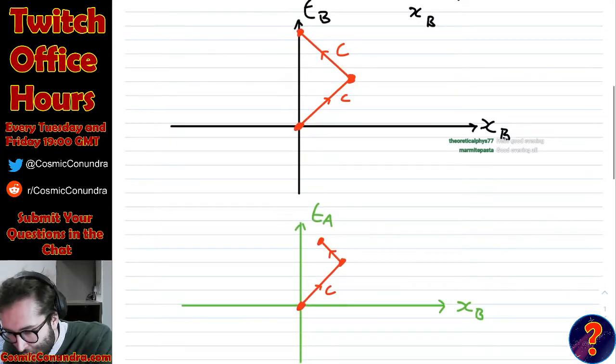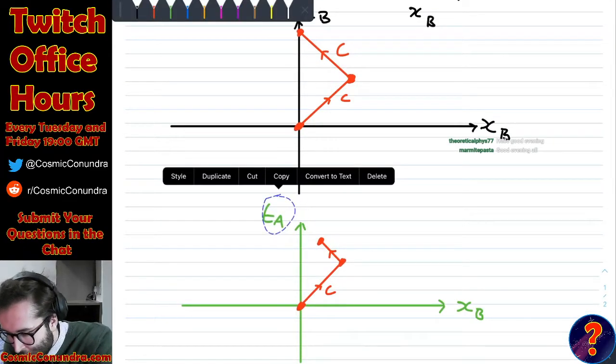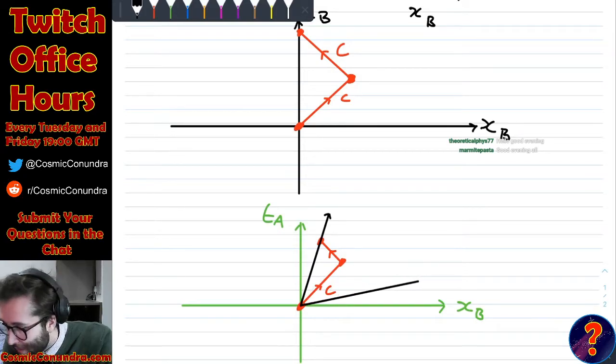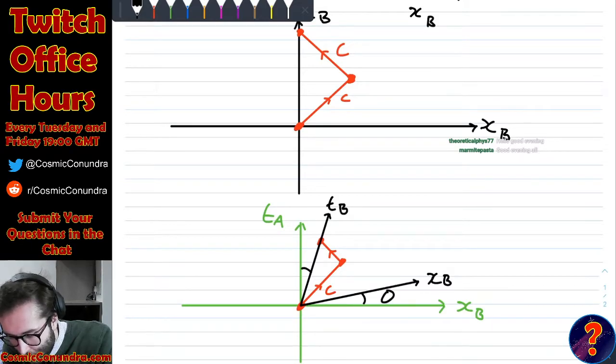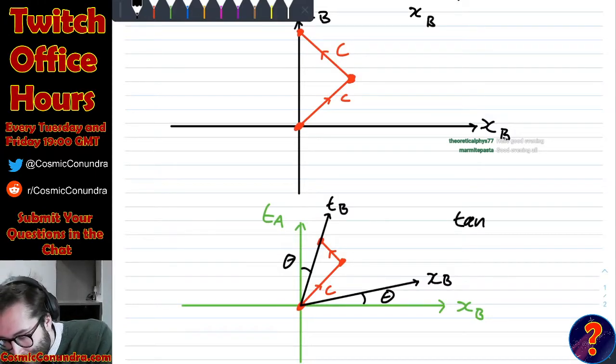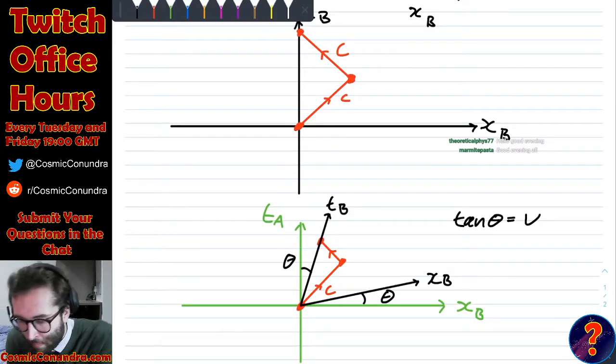And if we sketch the TB and the XB axes on this diagram, these will look like this, where this angle theta, I got it wrong last time, I said tan of theta was equal to 1 over v, but actually tan of theta is just the velocity of the train, okay?